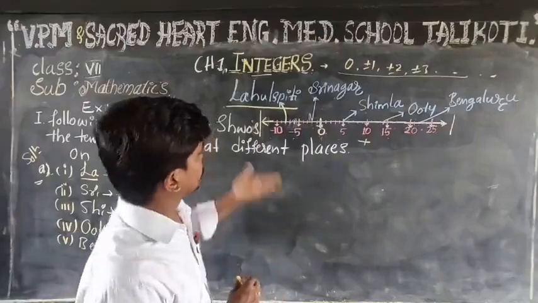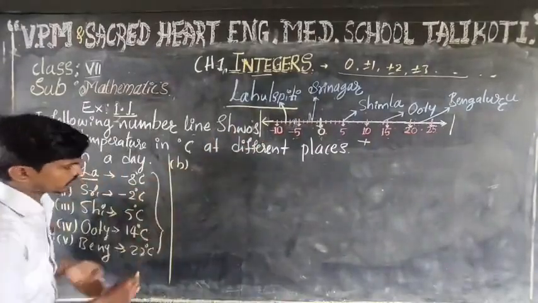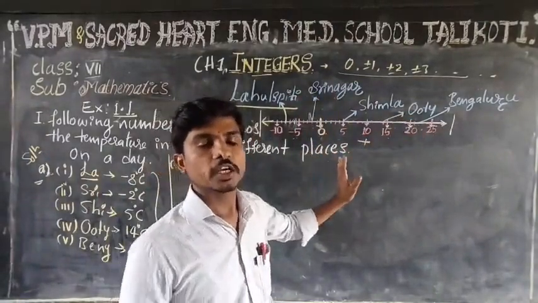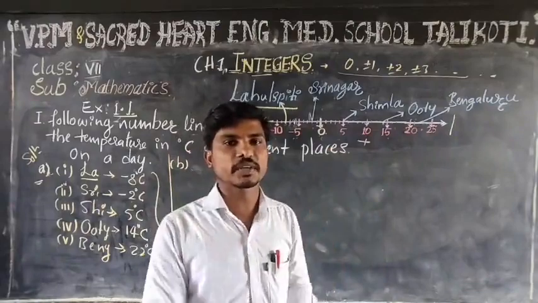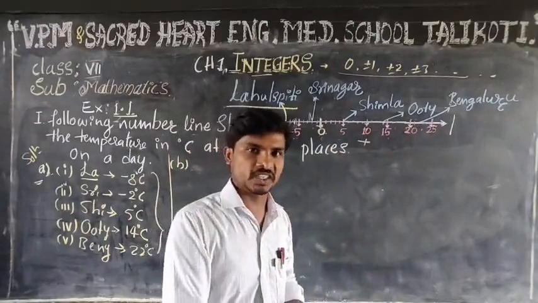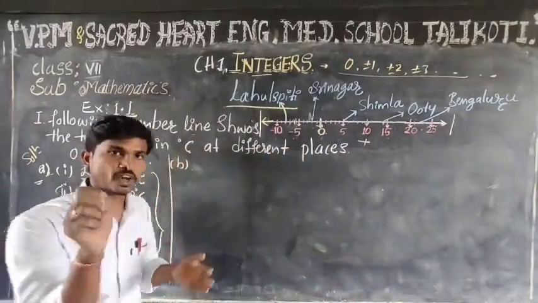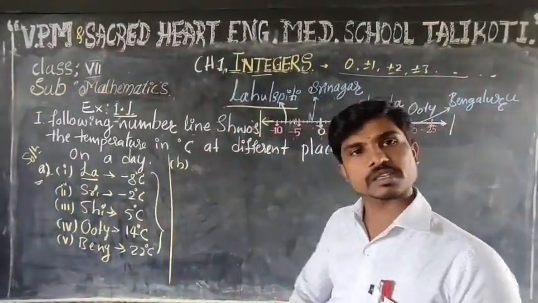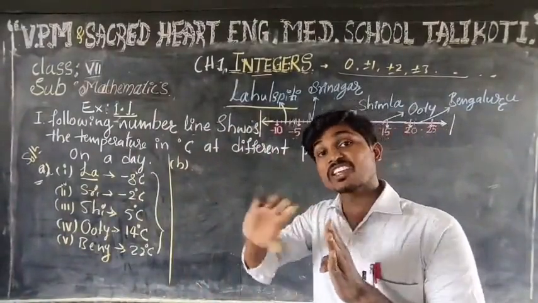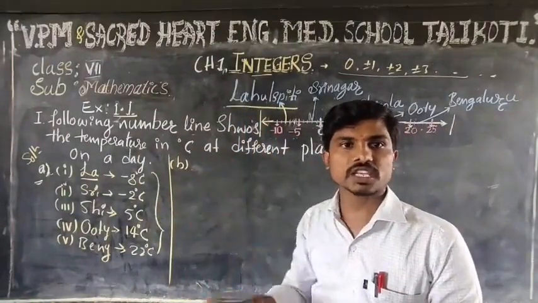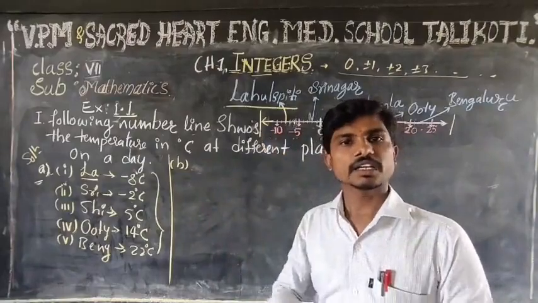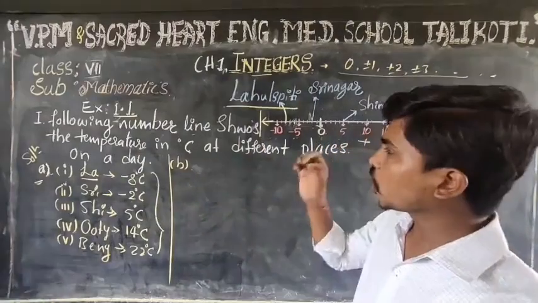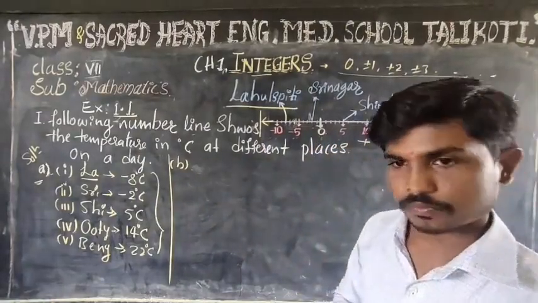In these answers, or on this number line, find which is the hottest place and which is the coldest place. Hottest means the place with the highest temperature, and the place with the lowest temperature we can call the coldest place.